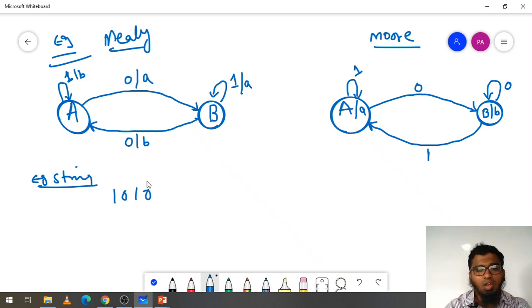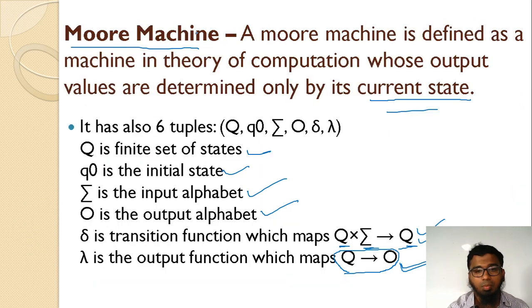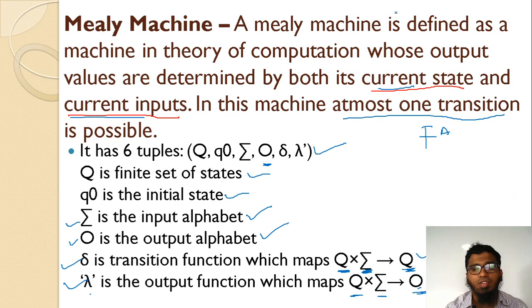Here in 1 0 1 0 let us check it out. Sorry, I did not draw the initial state. This is the initial state. And here, as per this, in the Mealy we need to define all this 6, okay.